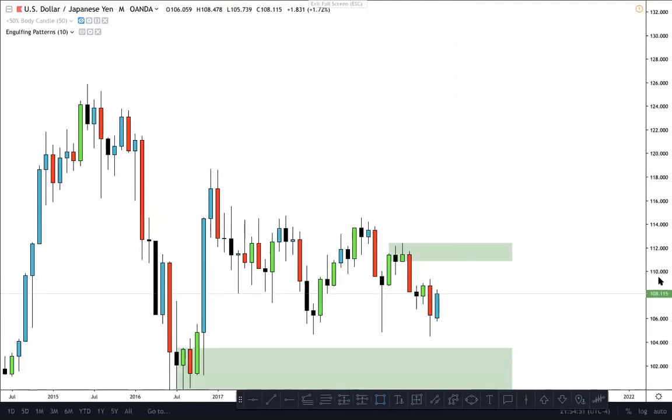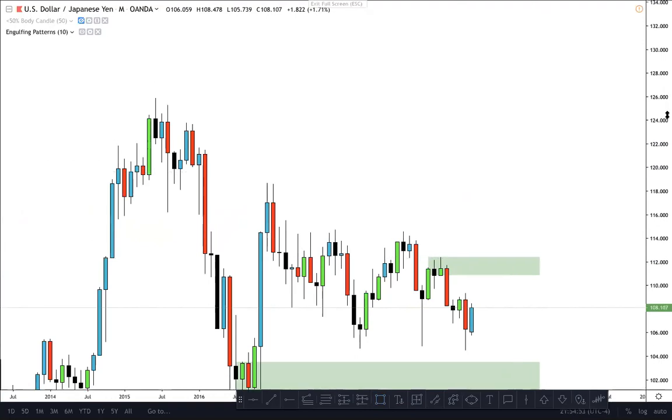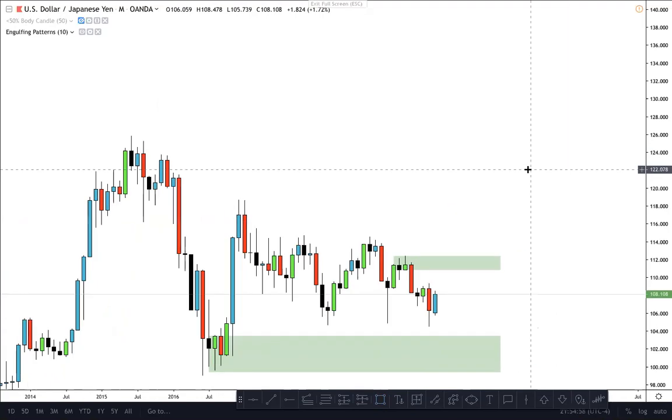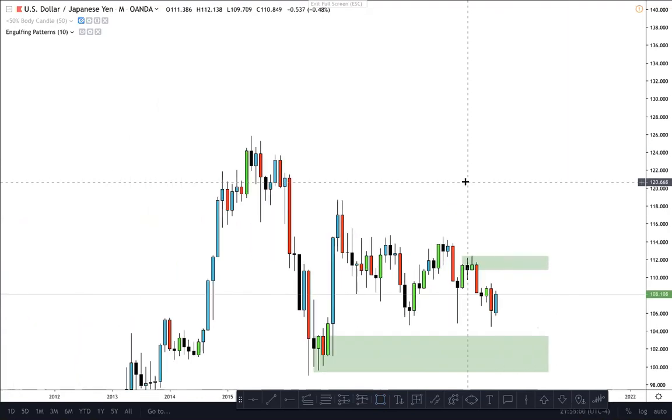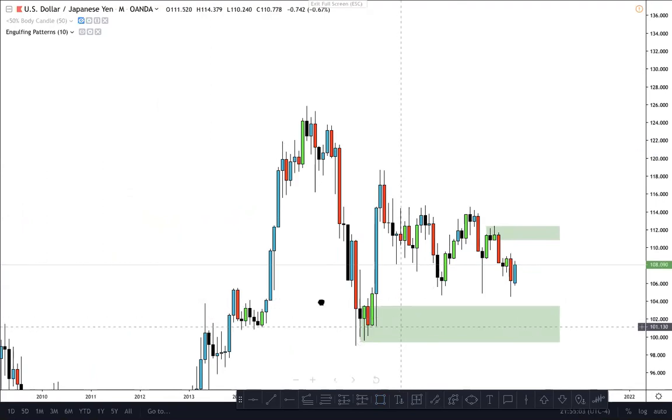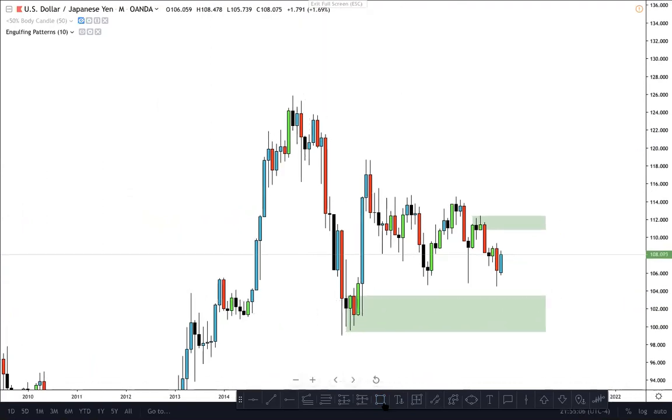Now, how do we know that? Sometimes you have to take a step back to find why that is a valid level, right? So first of all, let me find out why this is a valid level. So this would be a supply level, right?